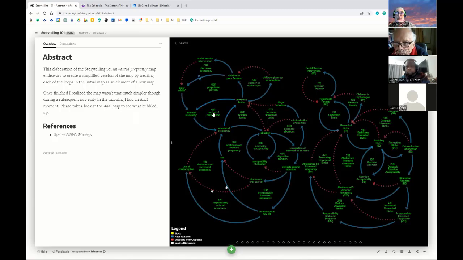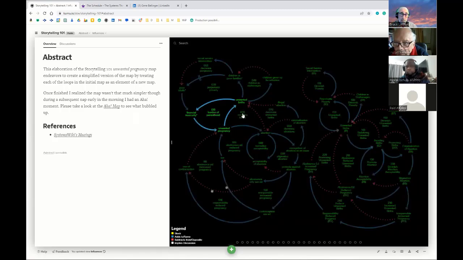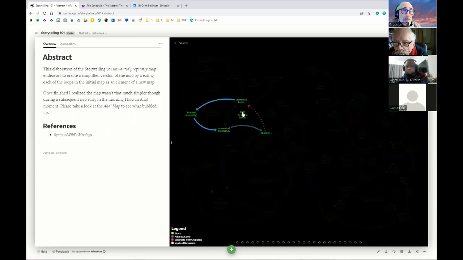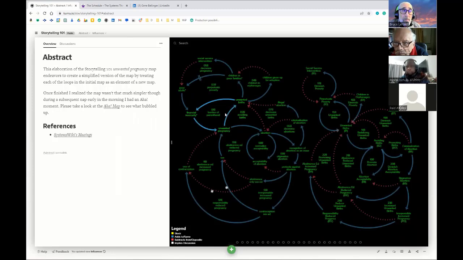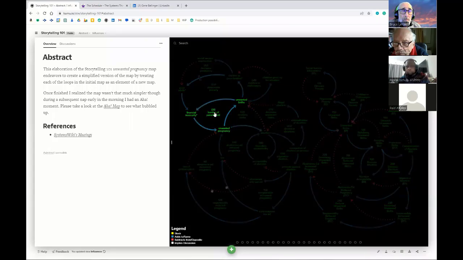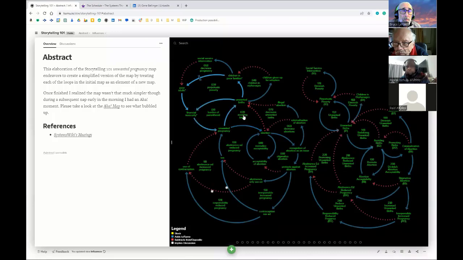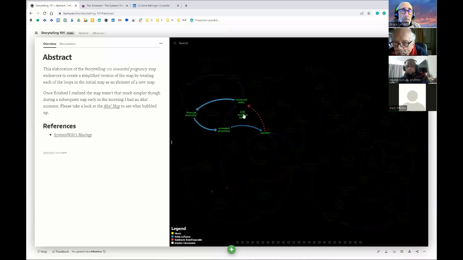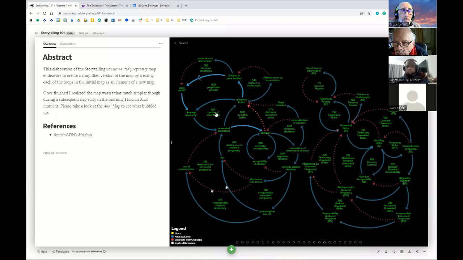So while this is a reinforcing structure, mm-hmm, and this is a balancing structure, and the two of them are connected, I'm trying to get from individual lower level structures to higher level structures, so that I can realize that this plus this is probably a limits to growth structure or something like that.